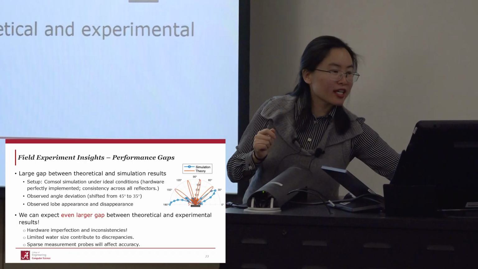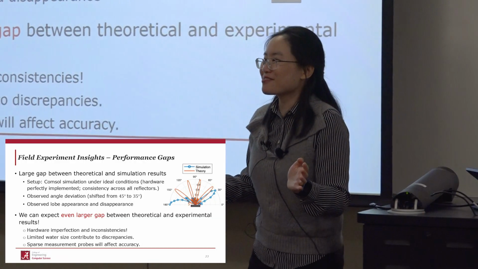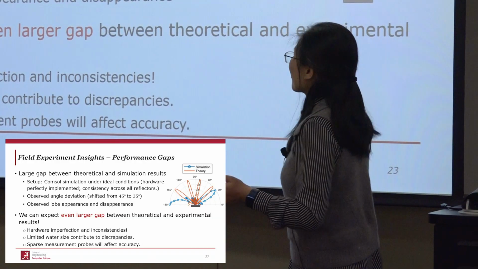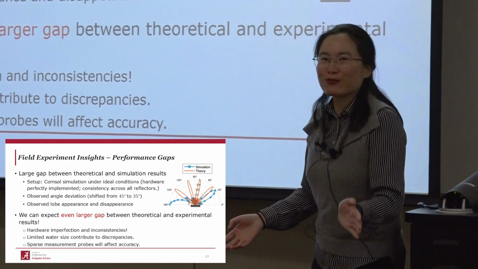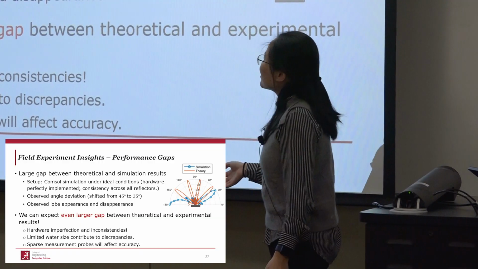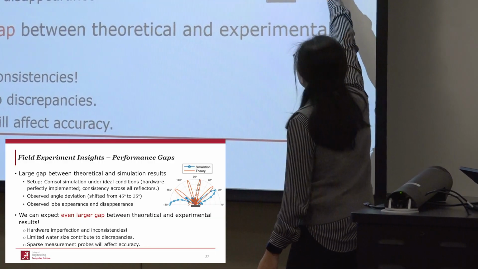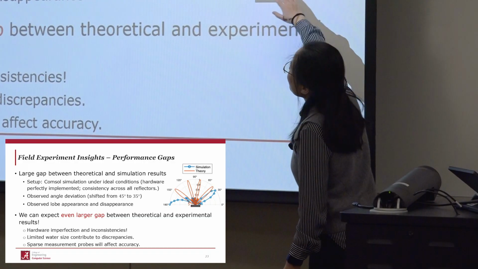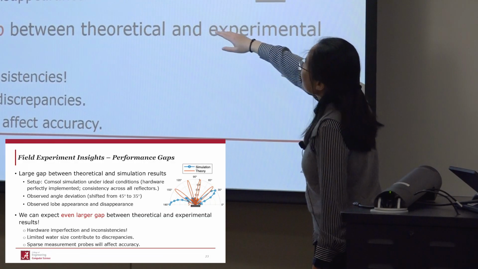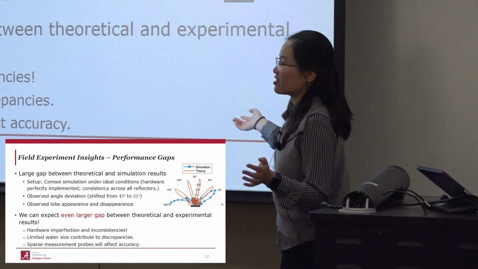So I can quickly go through some experiment insights. First is the performance gap. Everyone knows that the gap between theoretical and experimental performance is large. We also noticed that the gap between the theoretical and simulation results is also large. We did a COMSOL simulation in ideal conditions, basically no hardware imperfection and no hardware inconsistency.